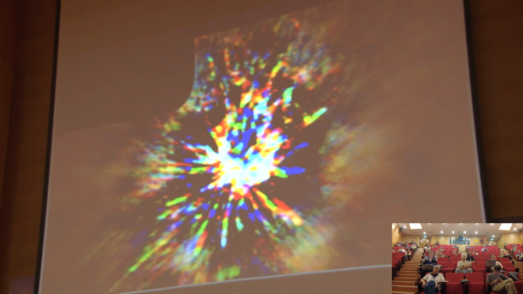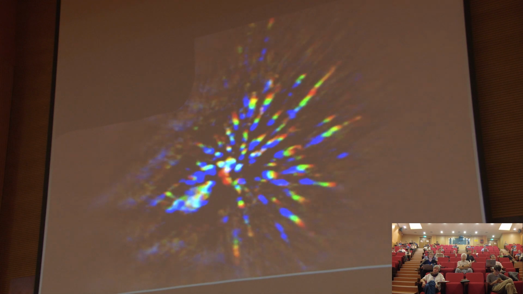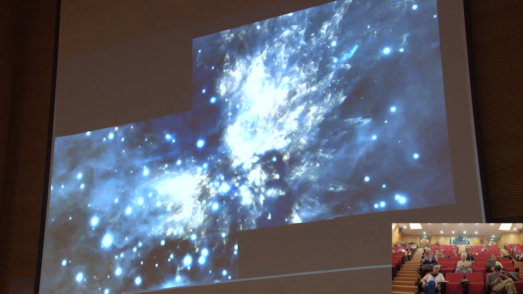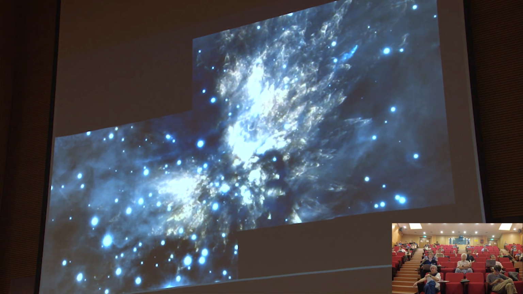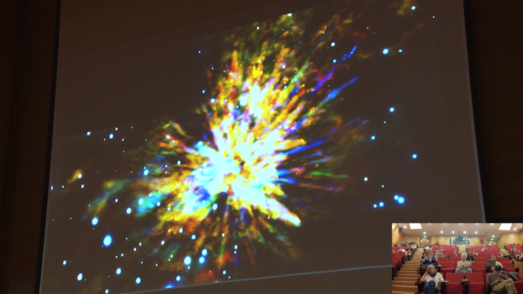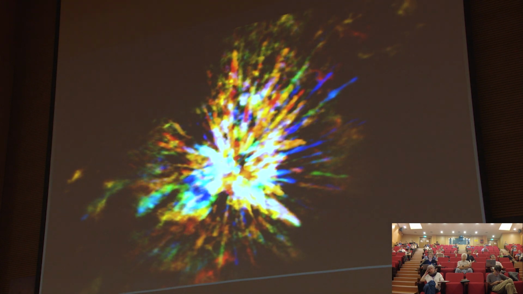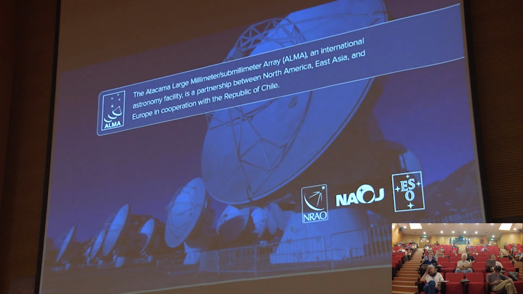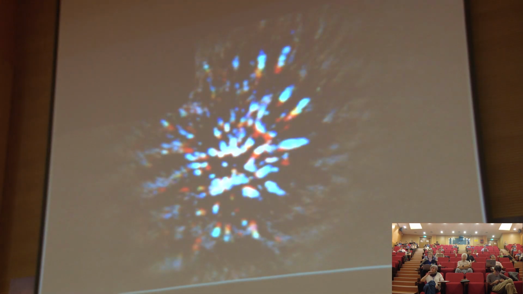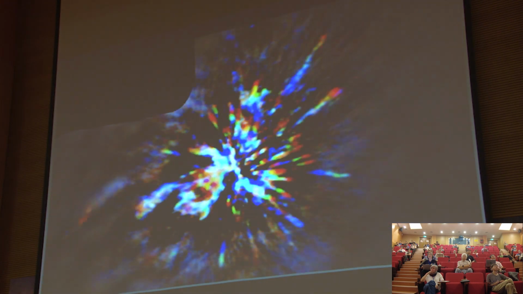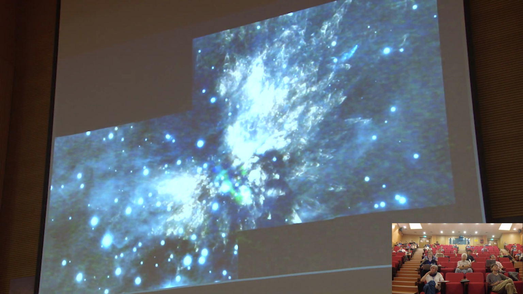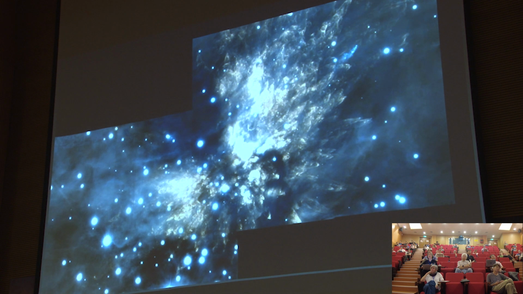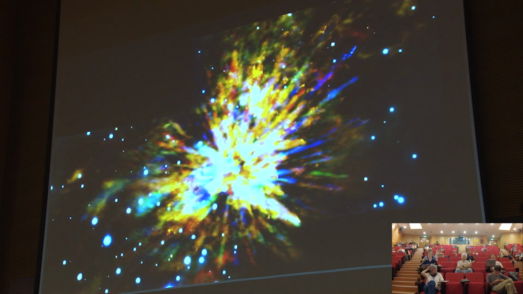This is a movie that the people at ALMA made, putting the CO data in the cube, and then the H2 emission, and then the CO moving, in this beautiful video of the explosion. You can see it again, what it really looks like. You even have music for this thing. Much better.